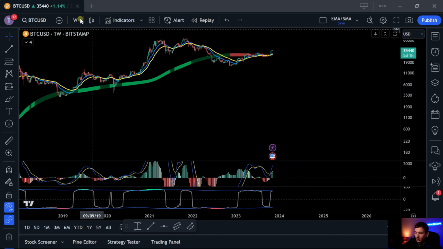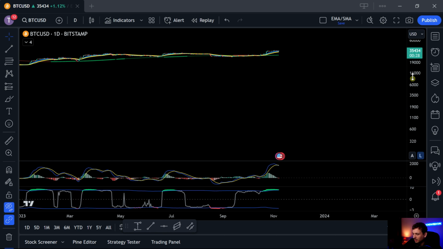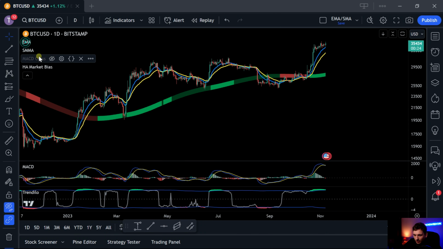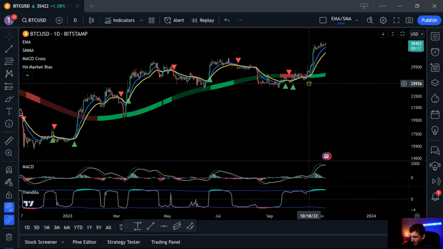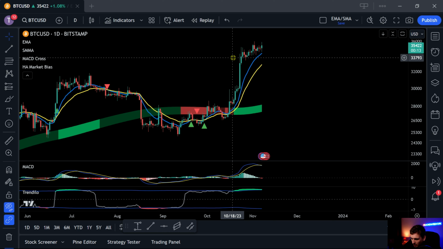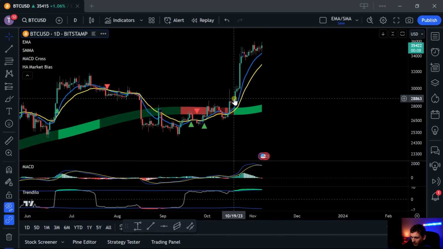So we can go back down to the daily real quick, and let's bring back auto again. And let's see where the MACD cross is. So the MACD cross is green, right? And to show you, this right here closed at 28,863, and it is currently 35,414.